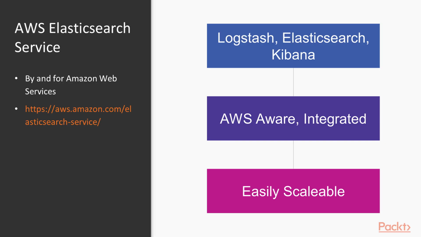So the first SaaS service for Elasticsearch that I wanted to point out was AWS's service. AWS has a full host of Logstash, Elasticsearch, and Kibana in their regular AWS offerings. So it's fully integrated. Your servers will have IAM roles. You'll have typical security groups for firewalling, as well as access from other servers.